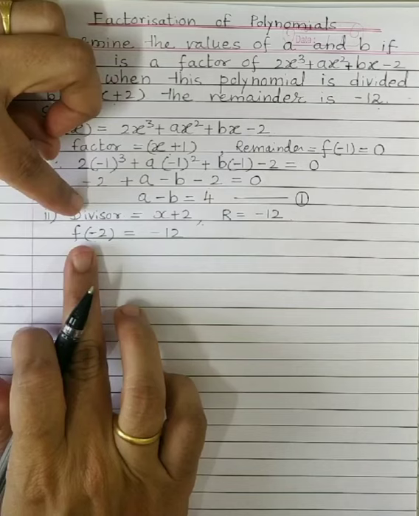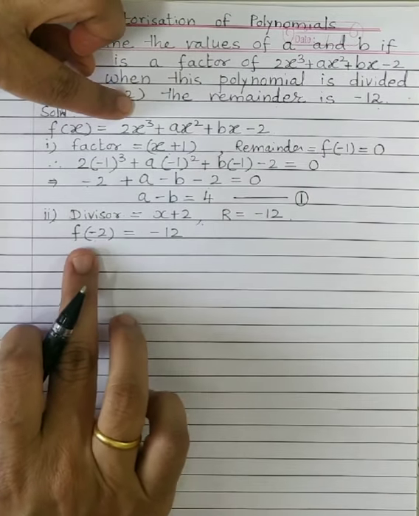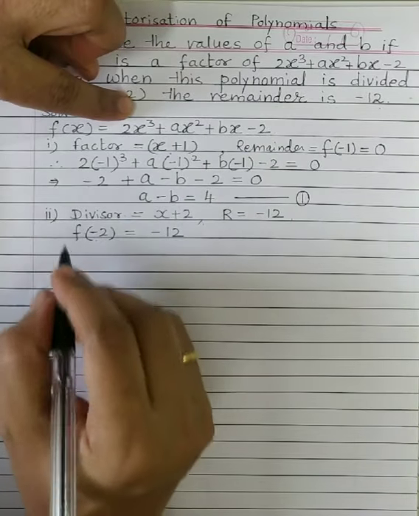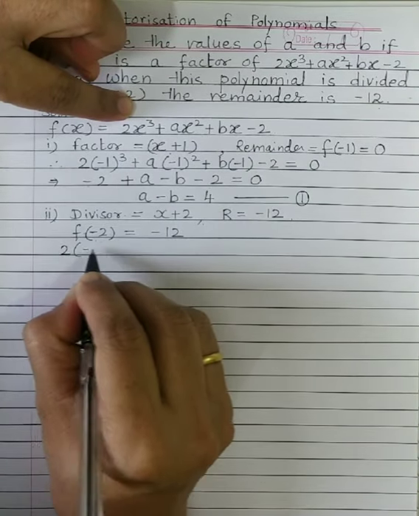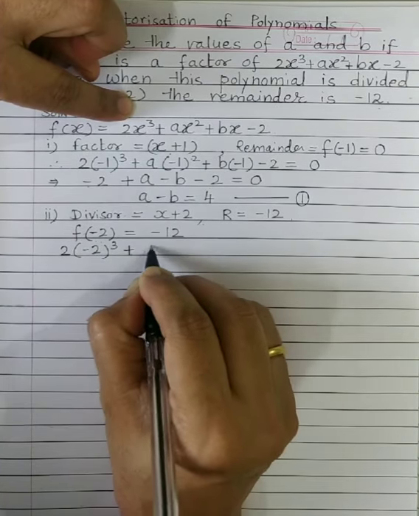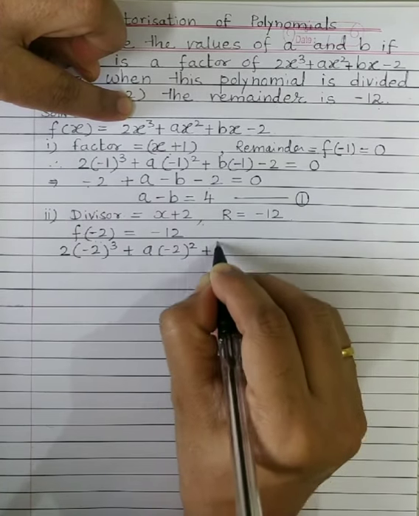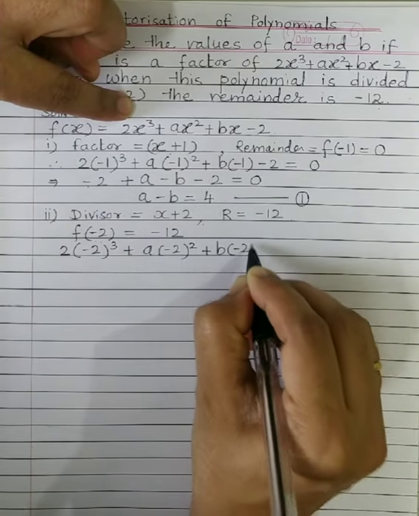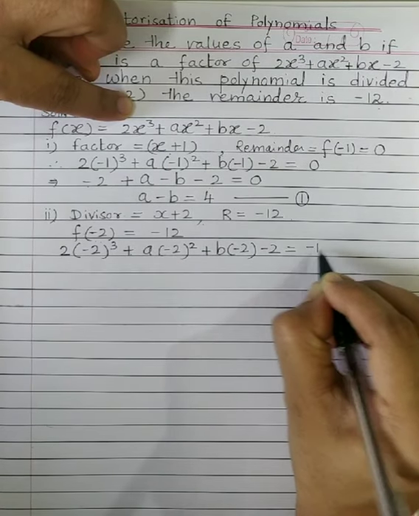Now what you have to do is just replace x by minus 2, that is, find the value of this polynomial when x is minus 2. So 2 into minus 2 cube plus a into minus 2 square plus b into minus 2, make it equal to minus 12 without fail.